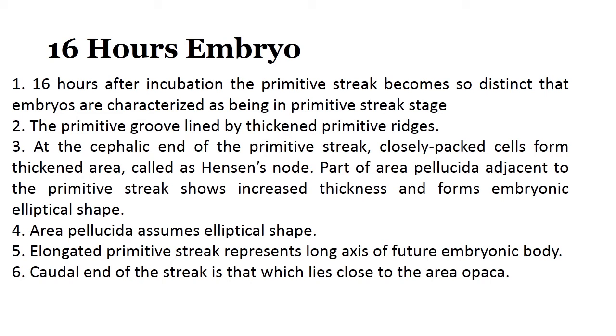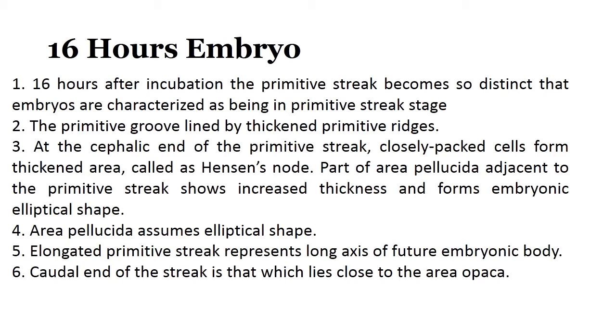The part of area pellucida adjacent to the primitive streak shows increased thickness, and the area pellucida assumes an elliptical shape. The elongated primitive streak represents the long axis of the future embryonic body.